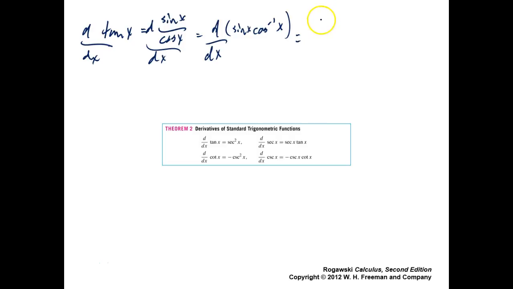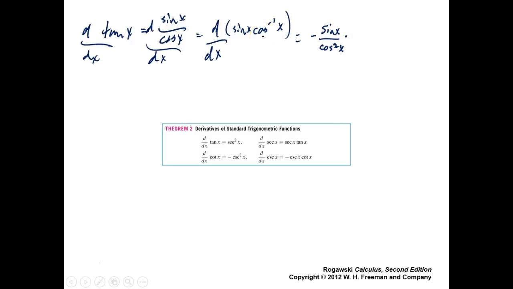So sine x, sine x, another sine x. You have a minus cosine to the minus 2, so that would be a cosine squared x times another sine x.